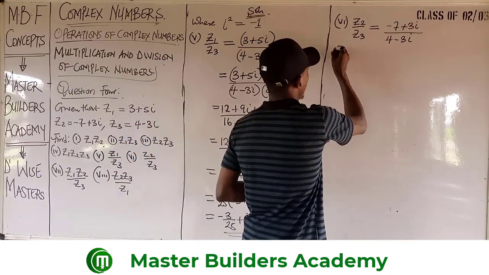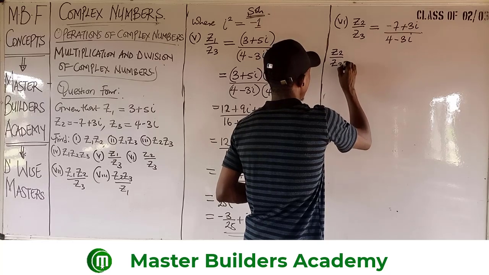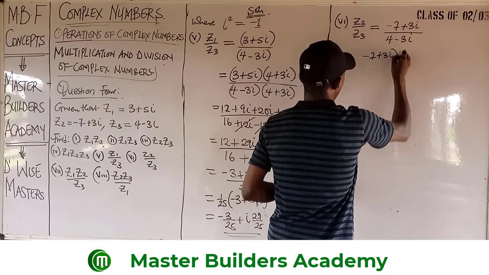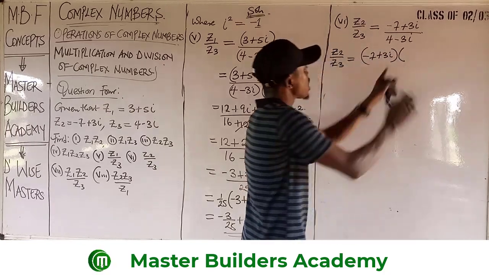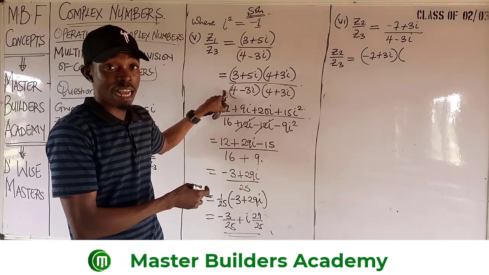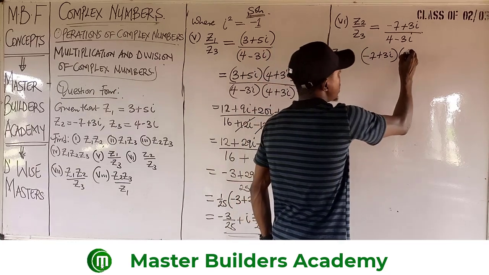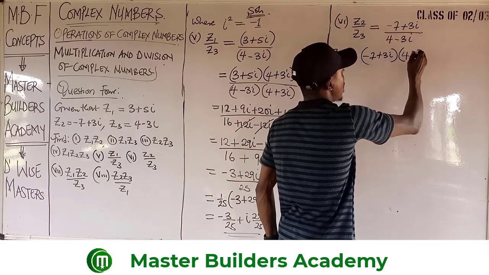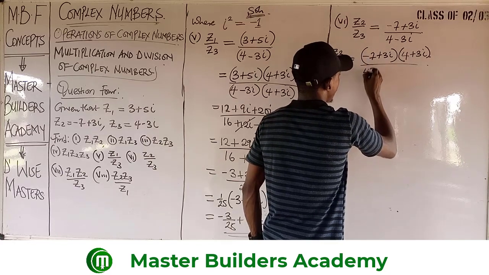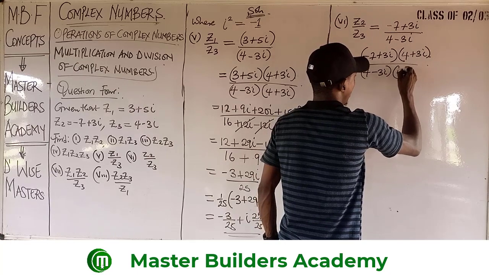So if this is clear enough, we have Z2 over Z3 is equal to minus 7 plus 3i multiplied by the conjugate of the denominator. Without wasting much of our time, it's still the same thing as we had before because we have equal denominators. So the conjugate of this is just changing this sign here to a positive sign. Again, what we have here is 4 minus 3i. Multiply the numerator and the denominator by the conjugate.